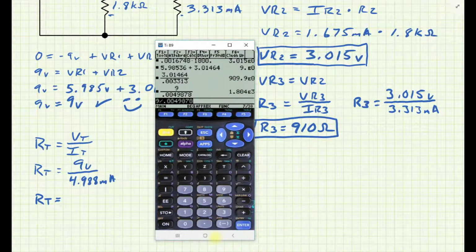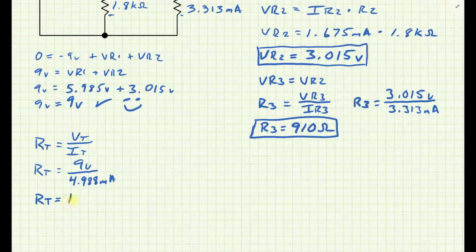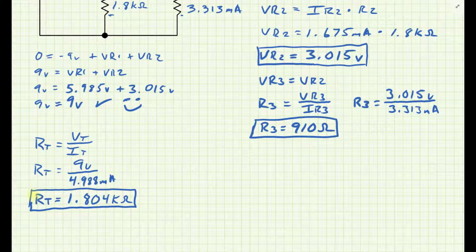Okay, so I've got 1.804 kiloohms. Okay, so that is my R total using Ohm's law.